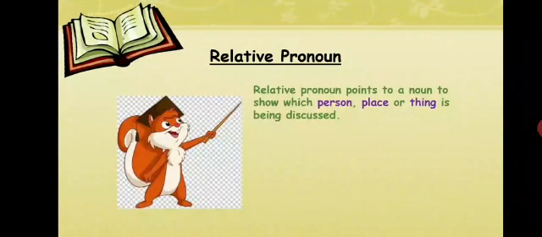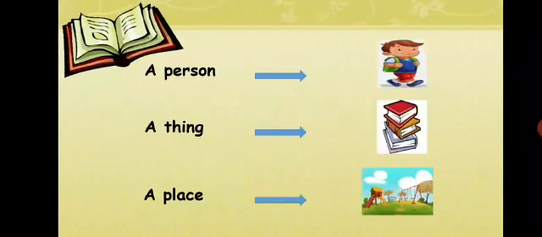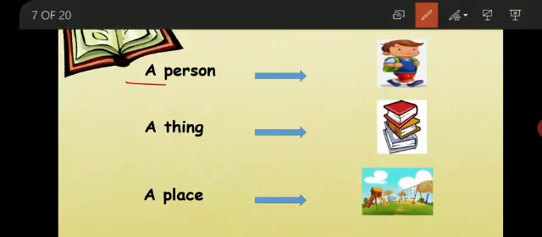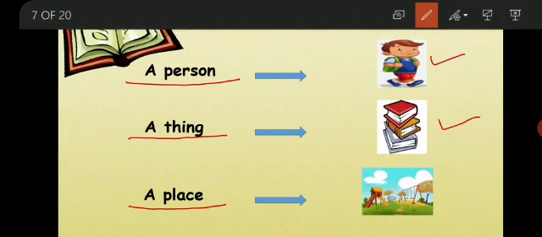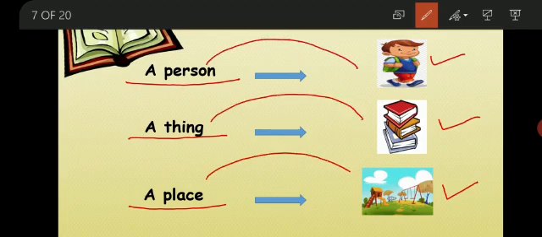Relative pronouns point to a noun to show a person, a thing, and a place. As we all know, a noun is the name of a person, thing, or a place. So a relative pronoun will also show some information about a person, thing, and a place.